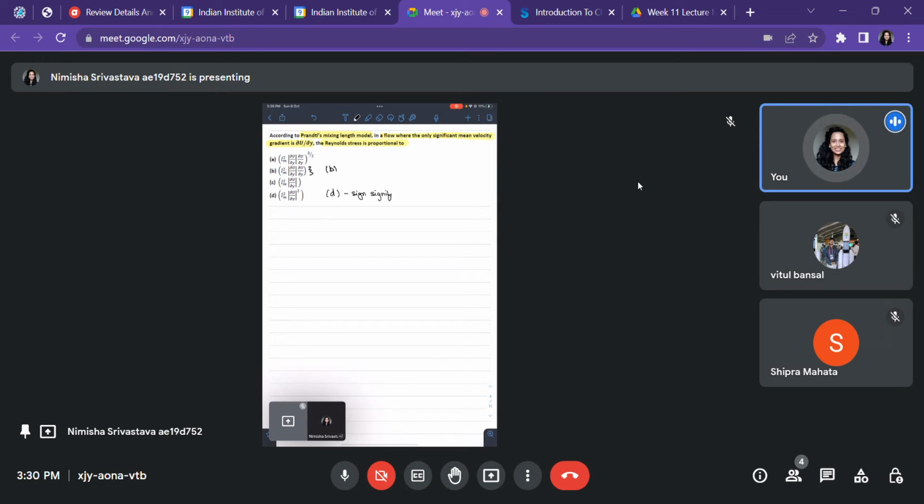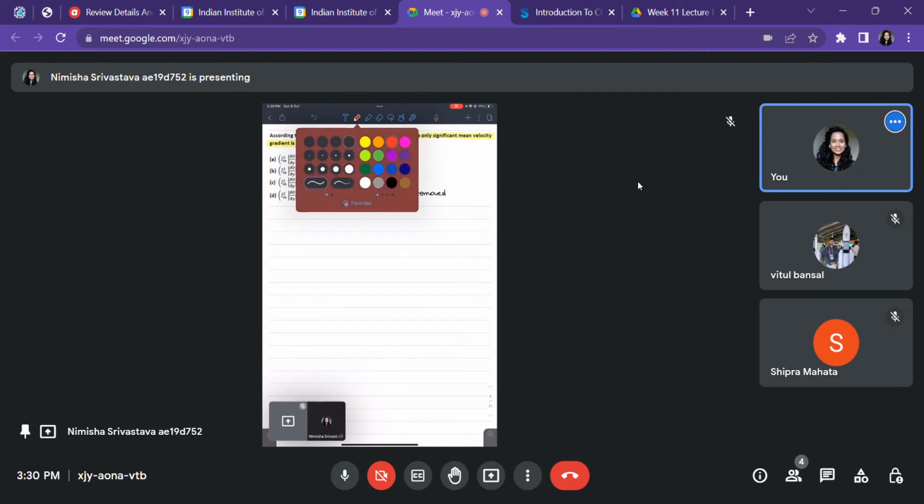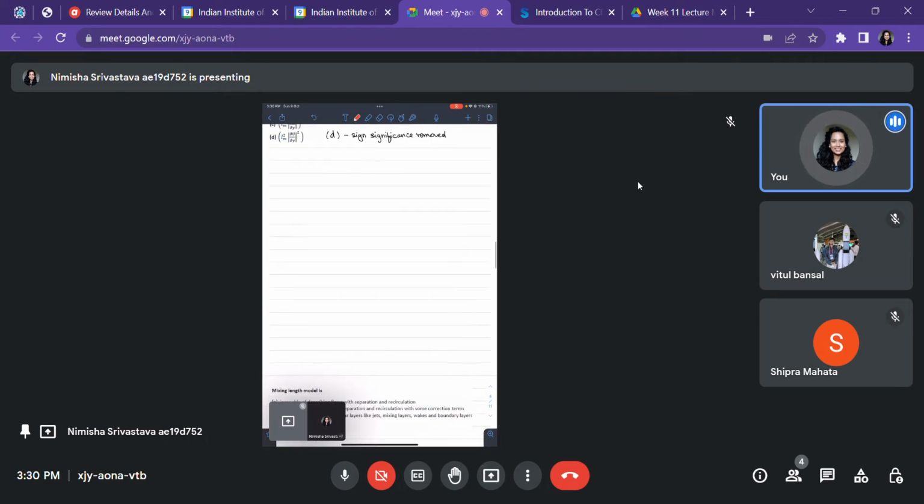We do want some indication regarding the sign of the gradient, whether it's negative or positive. So our correct answer over here is B. I think you must have already guessed that from what you've studied in the lectures. So then we'll move on to the next question.